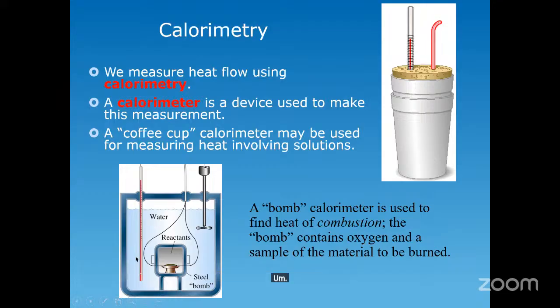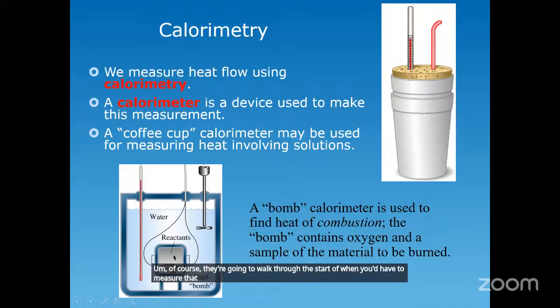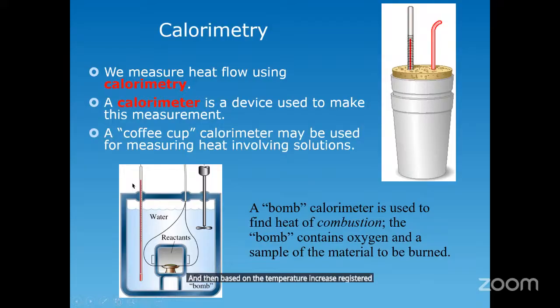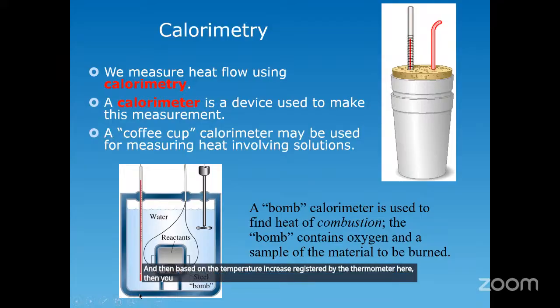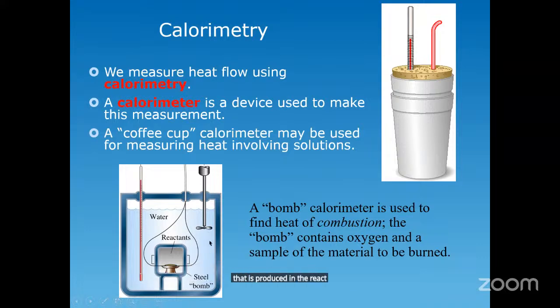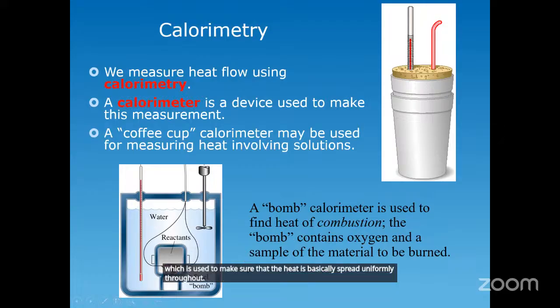Of course, the amount of water that you started off with, you'd have to measure and record that value as well. Then based on the temperature increase registered by the thermometer here, you can, again, just like we described here, determine the amount of heat that is produced in the reaction. And there's a little spinning thing right here, which is used to make sure that the heat is spread uniformly throughout the water, all right?